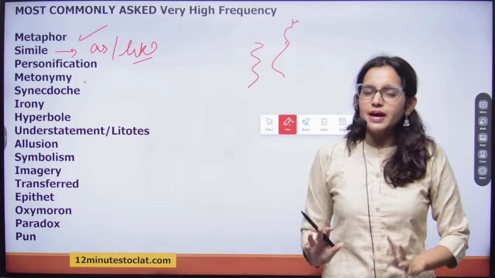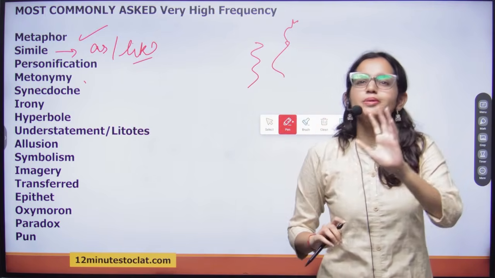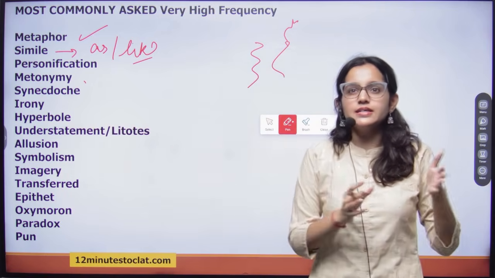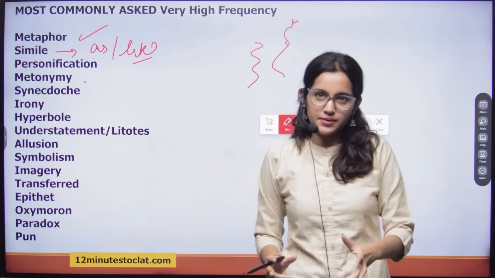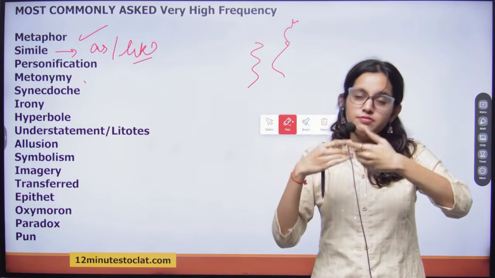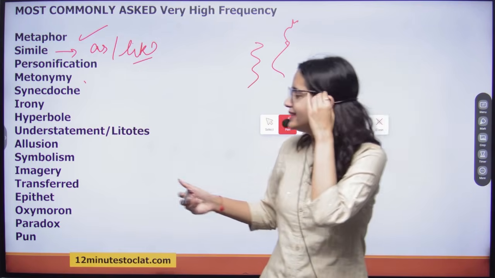I'm comparing the curls, the waves of a hair to the movement of a snake. This is what? This is simile. I'm not saying the hair is a snake. No, I'm saying it's as beautiful as a snake. All right, the hair falls on his face like a lot of snakes coming together, something like that. I think we get the idea.